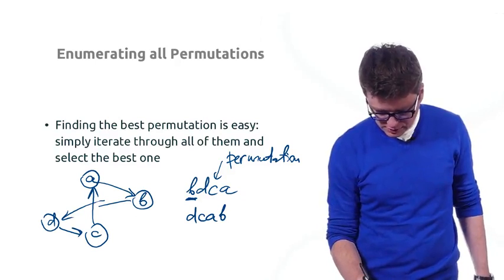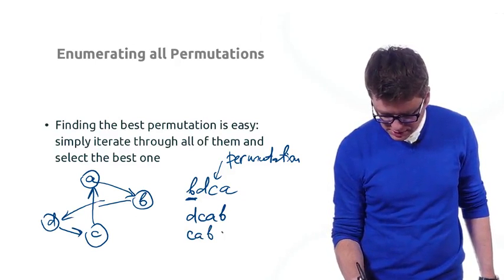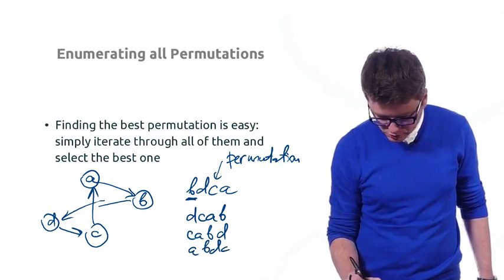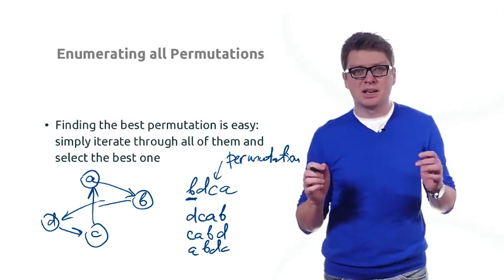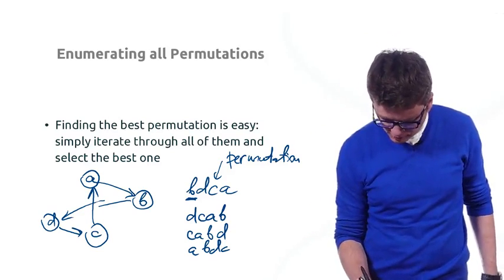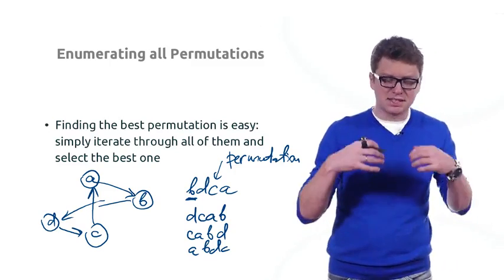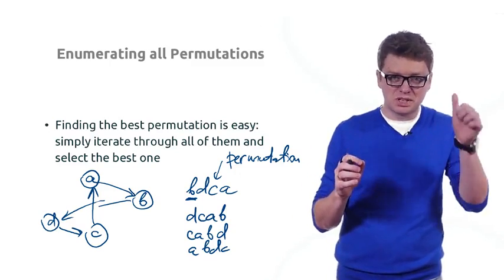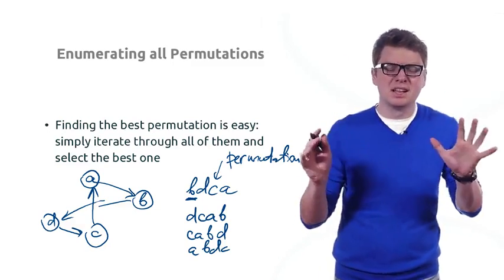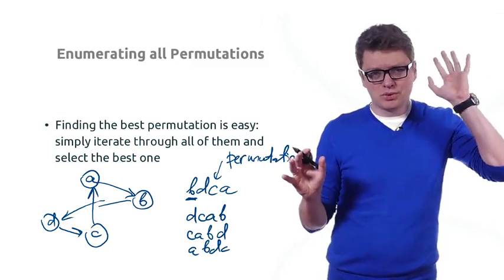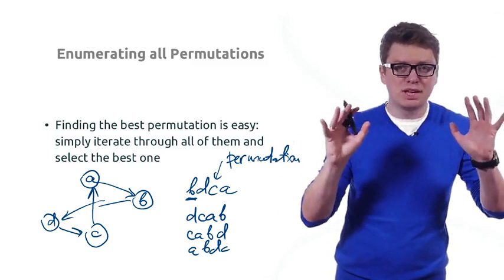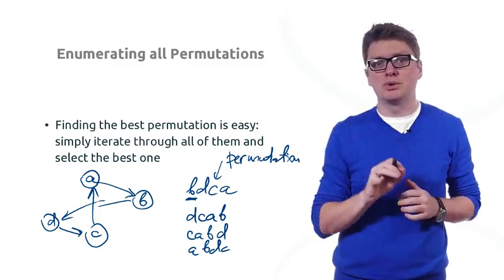And also CABD and of course ABDC. They all give the same cycle, because, for example, DCAB is the same cycle where we start from the node D. So still, roughly, when we're looking for a cycle, we're looking for a permutation, or for a permutation with some first node fixed.